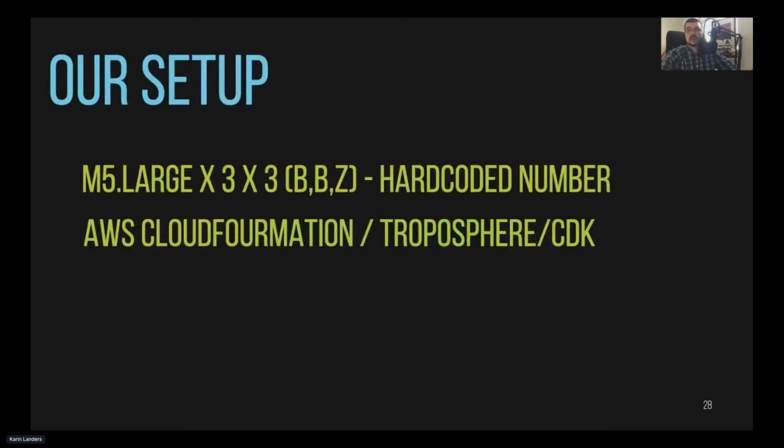We currently use not very big instances. It's way less than recommended by the official documentation, but that's totally enough for our workloads. And that's M5 large instances, three instances, one per availability zone per component. So Broker, BookKeeper, and ZooKeeper have three instances each in total.